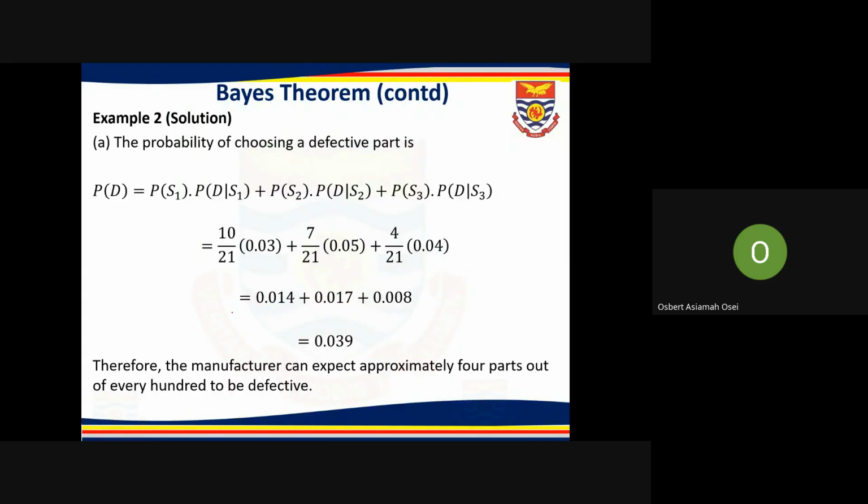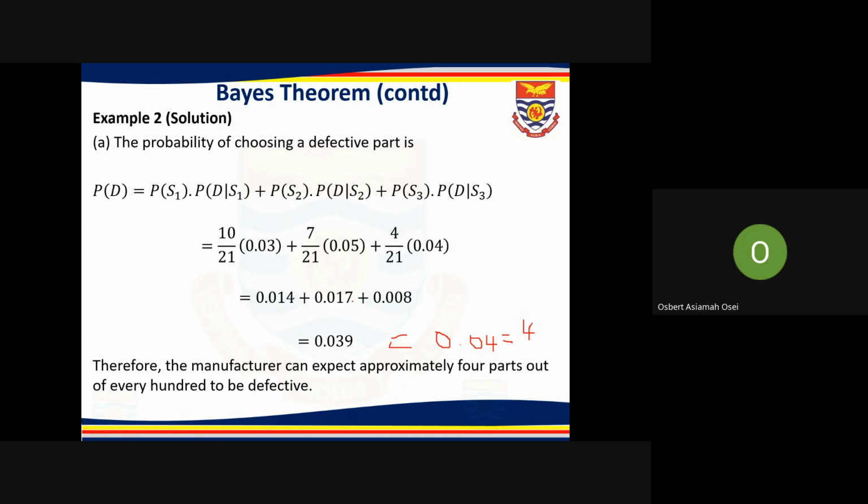When we simplify it, we get 0.039. So therefore, the manufacturer can expect approximately 4 parts out of every 100 to be defective. The interpretation is if we run it, we get 0.04, and 0.04 can effectively be written as 4 on 100.